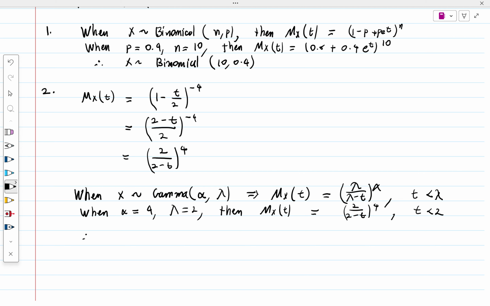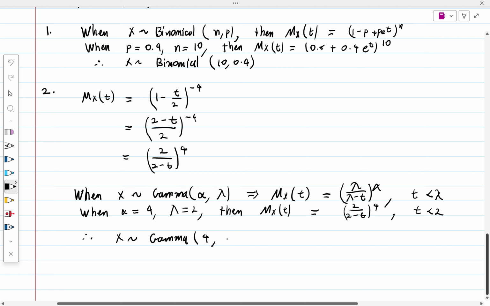And that tells us our distribution. Therefore, X is distributed like a gamma distribution with parameters 4 and 2.